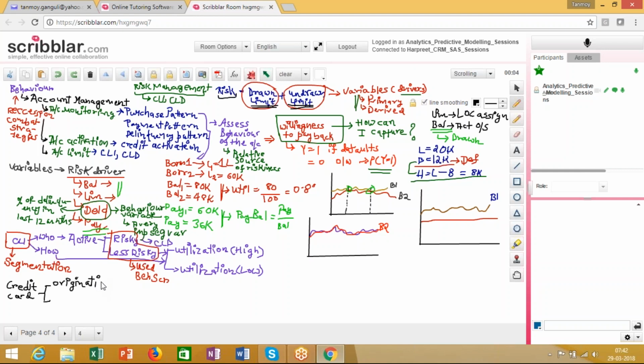And in respect of that, we checked what origination is, and then we checked account management as well. Also, we have checked the respective segmentation or respective factors across which the riskiness in a portfolio might vary, right?